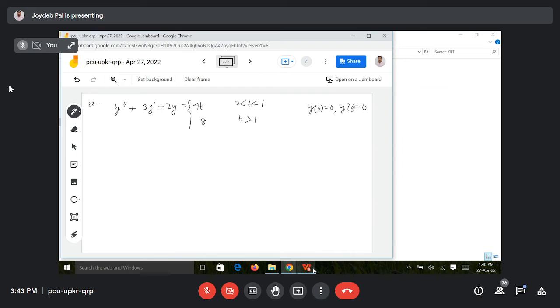Fine. Now R(t) here, you express R(t) in terms of the Heaviside function because the function is a piecewise function. So R(t) is what? 4t into (1 minus u(t minus 1)), and u(t) you can write 1. So 4t into (1 minus u(t minus 1)) plus 8 into u(t minus 1), right?